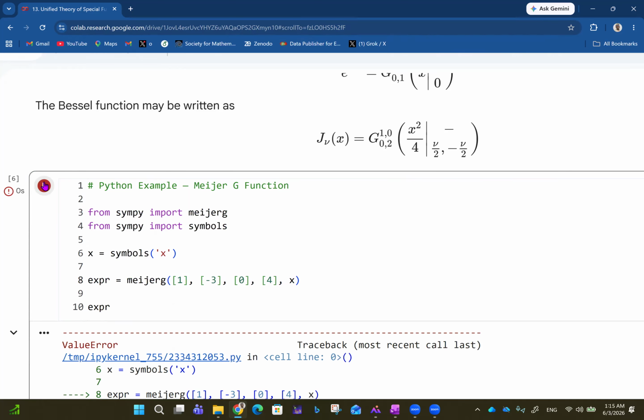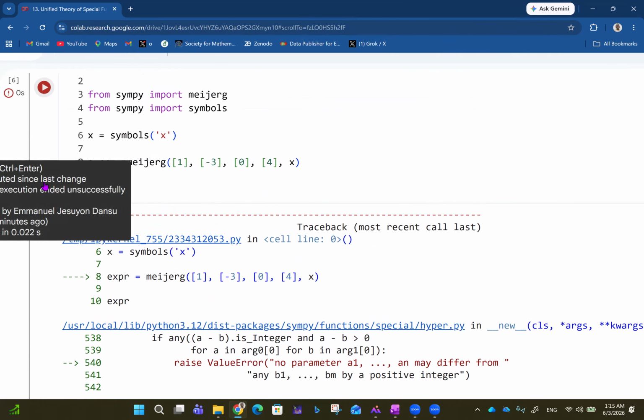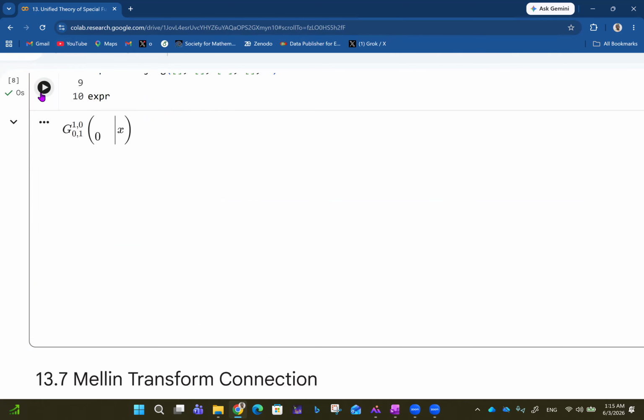Okay, that isn't working because it says no parameter a1 may differ from any b1 by a positive integer. Okay, I get it. So probably I have some values that are not meant to be. So let me just do this. If not, just keep moving. Okay. Yeah. So let's leave it the way it was. So for Meijer G, this is what we get.